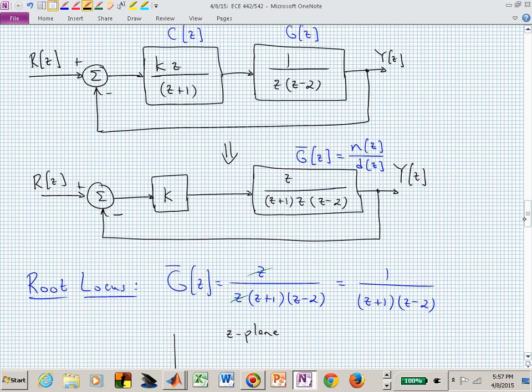If you look at this, the G bar of Z, which I'm wanting to sketch the root locus for, has a 0 at the origin, and it has a pole at the origin. My plant started with a pole at the origin, and I'm saying, oh, I'm going to cancel that with a 0. I'm going to do a pole-zero cancellation. Is that valid?